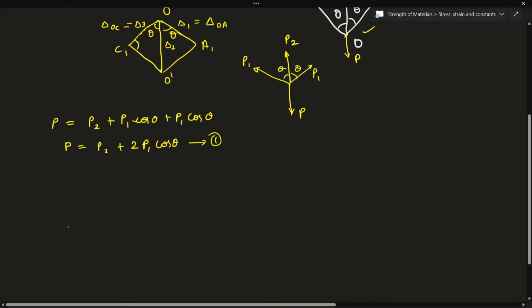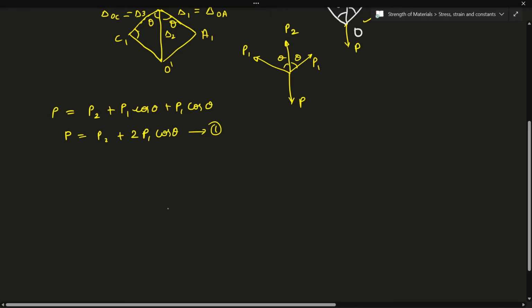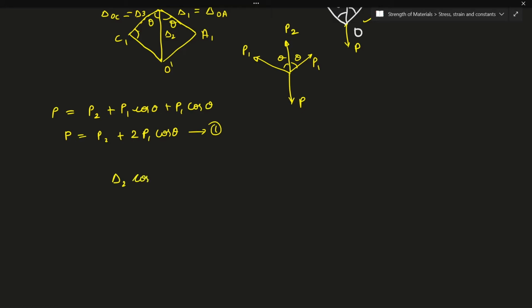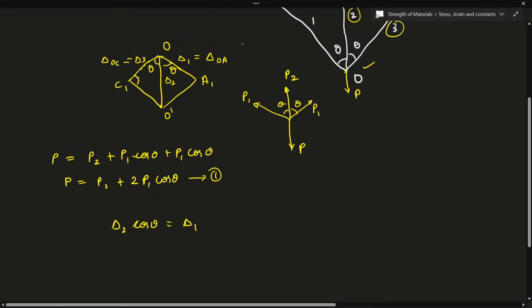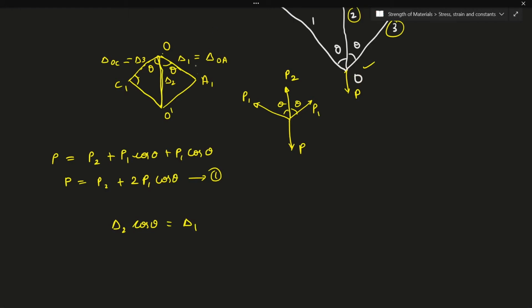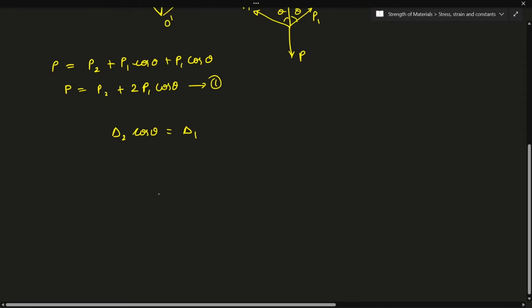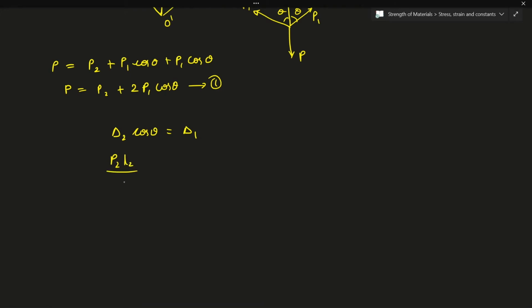And now from the displacement diagram, I can write delta 2 cos theta will be equal to delta 1. So here delta 2 into cos theta will be given by delta 1, right? So now if I apply the formulas for this, delta 2 is nothing but P2 into L2 divided by A2 into E2, into cos theta is equal to P1 L1 by A1 E1.